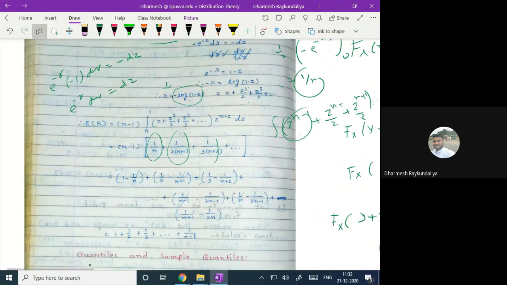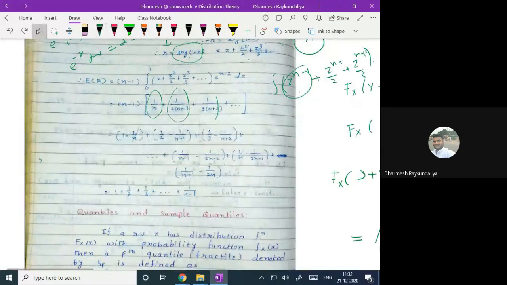So what will you get? n minus 1 upon n plus n minus 1 upon 2n plus 1 plus up to this.